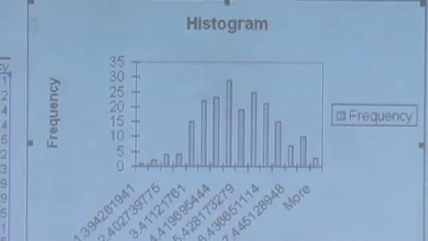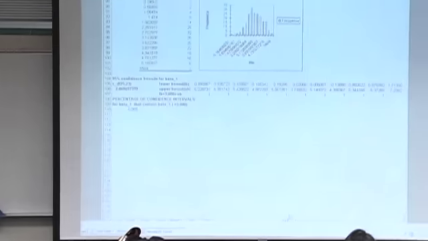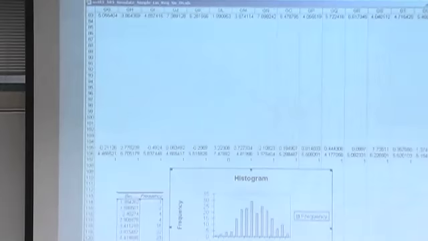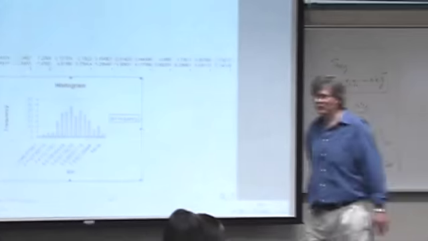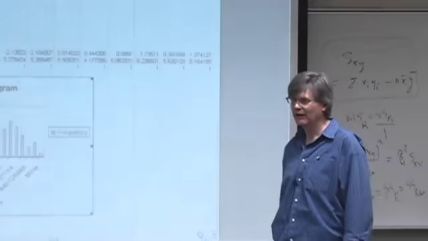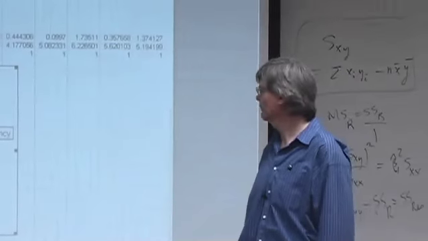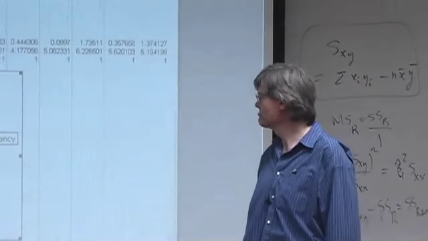Is this one supposed to be a bell curve? Any of the linear combinations of beta 0 hat and beta 1 hat are supposed to be normal. Looks a little platykurtic.